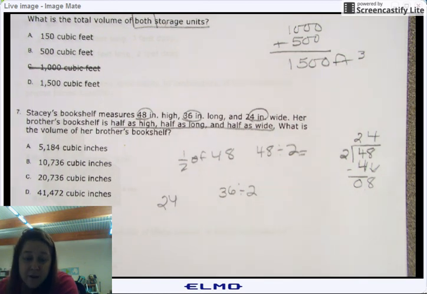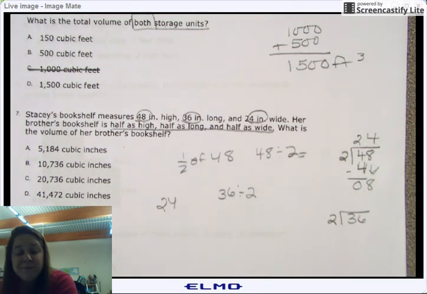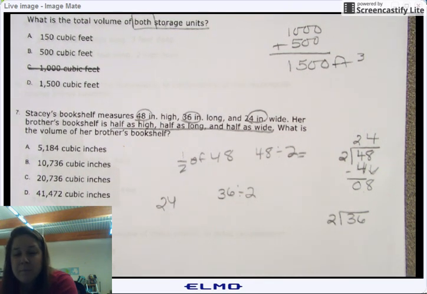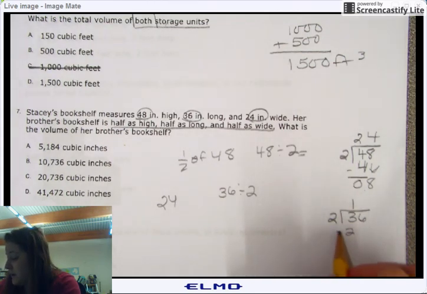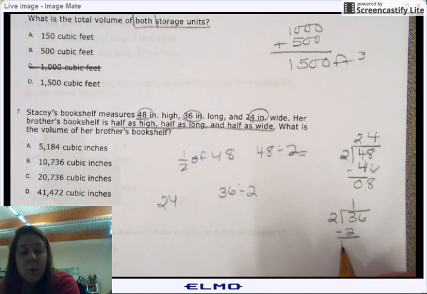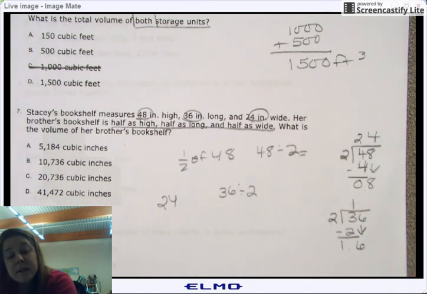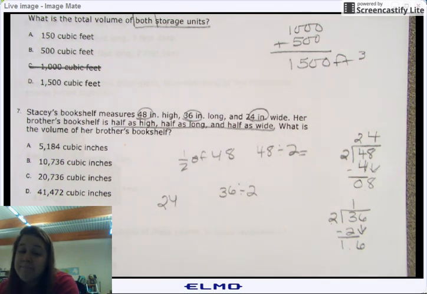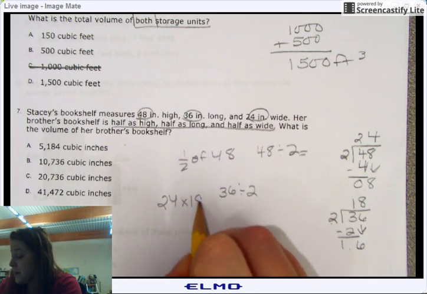If you do not know what 36 divided by 2 is, you're going to do the same thing you did before. 2 can go into 3 how many times? 1. 1 times 2 is 2. I subtract. I get 1. I bring down my 6. 2 can go into 16 how many times? 8. So it's 24 times 18.